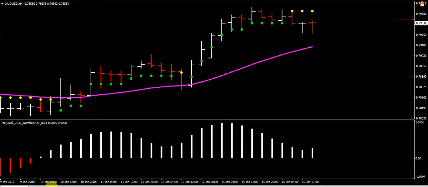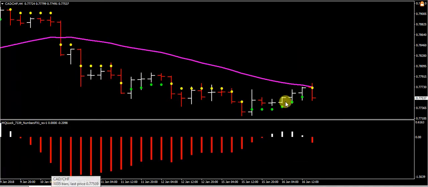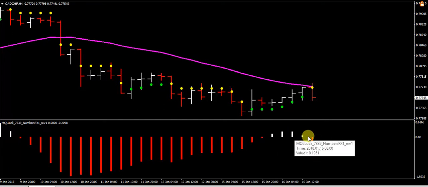So that's on the Australian dollar USD. CAD Swiss franc, very similar. So we've got a downtrend. Remember, it's always nice to go with the trend. We can see with the volume we've got the pullback, and then we've got the start of this negative volume.